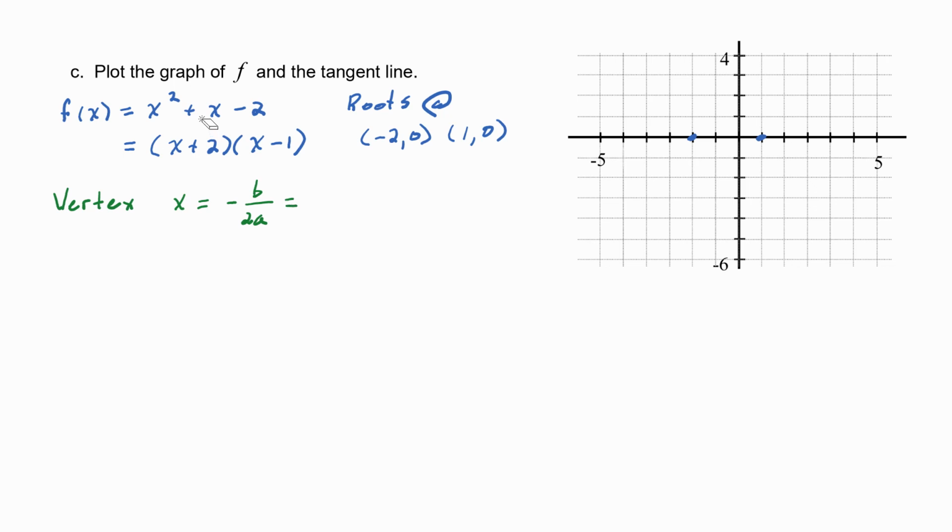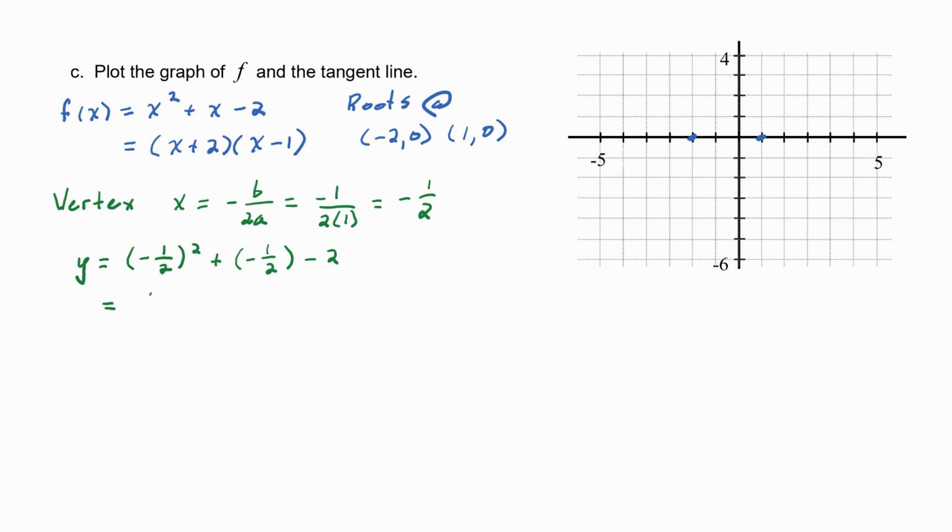So that's going to be -1 over 2 times a, which is also 1. So the vertex is at x equals -1/2, and we can get the y value by simply plugging into the function. So we have (-1/2) squared plus (-1/2) minus 2.